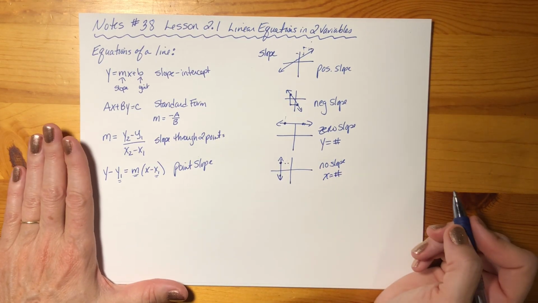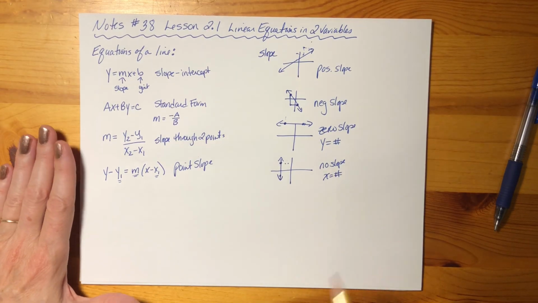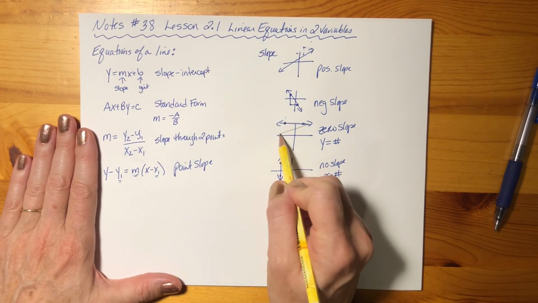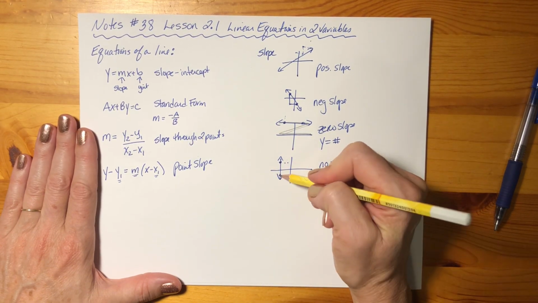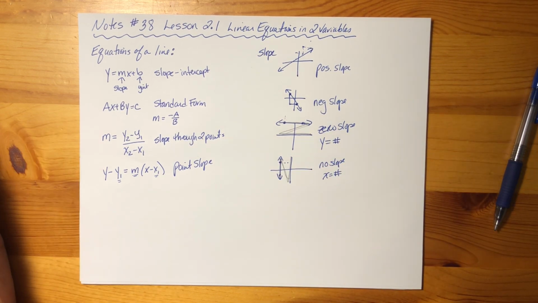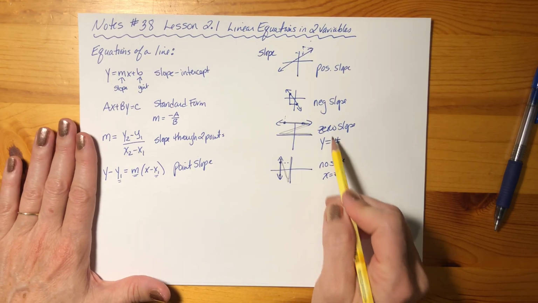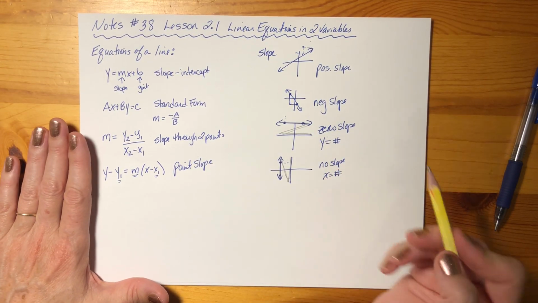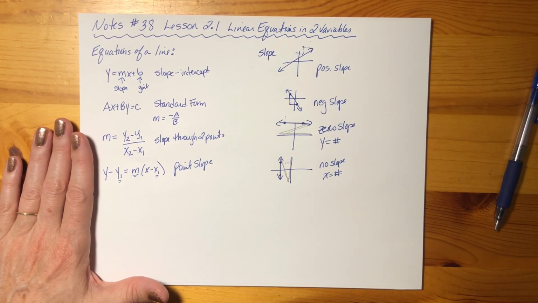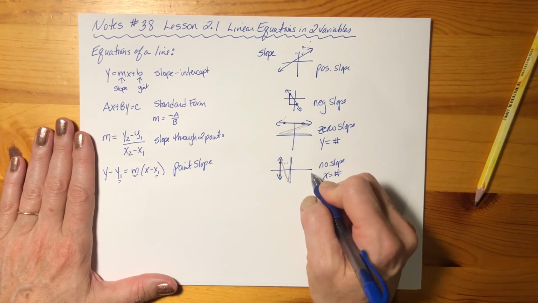Now, a couple things to remember. I always learned that to remember these, a 0 slope makes the letter z, and no slope makes the letter n with the axes. Obviously, that's not why they're vertical and horizontal and have 0 slope and no slope. It's just a way to remember it. And I remember when I was learning, a teacher said to me, think about the axis that gets intersected.